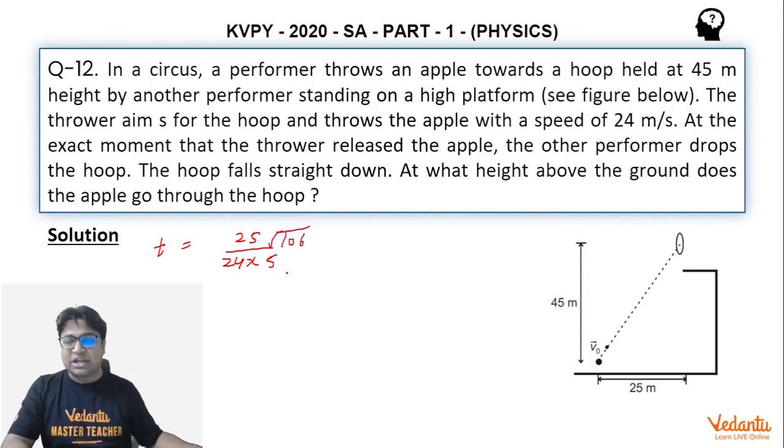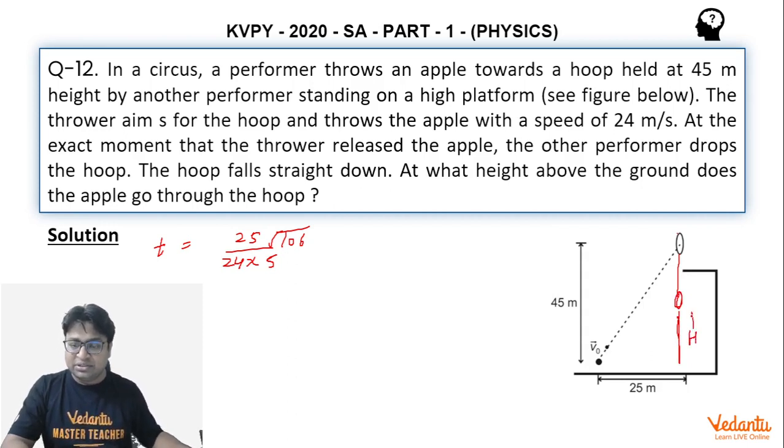So this is the time after which the apple passes through the hoop. Now the hoop falls a height of half g t square. So the height above the ground, that is what has been asked in the question. This height can be calculated very easily, I'll write it here. So h is 45 minus half g t square. So we have to just finish this calculation here.